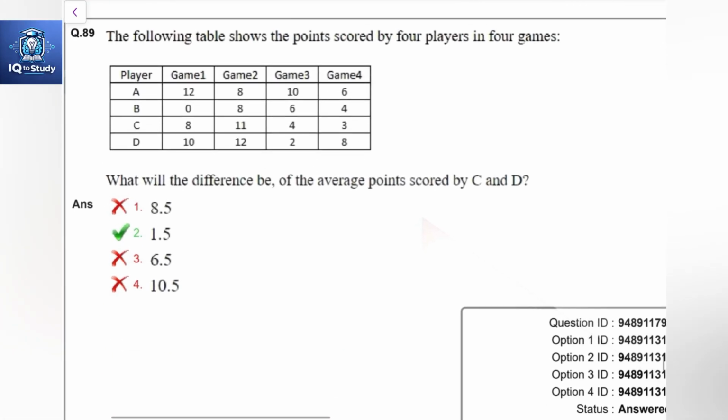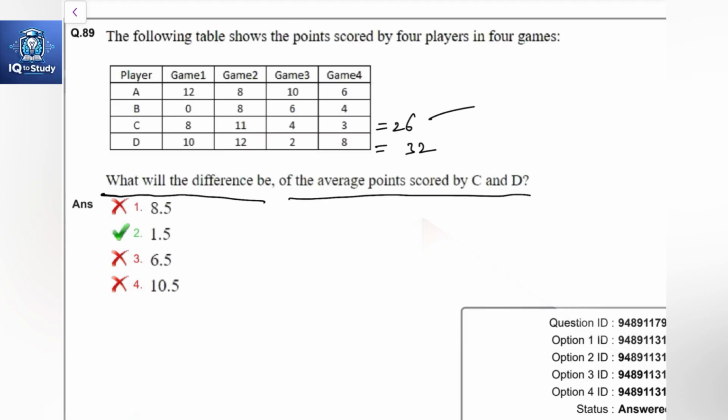What will be the difference between the average points scored by C and D? The points scored by C is equal to 26 and D is equal to 32.